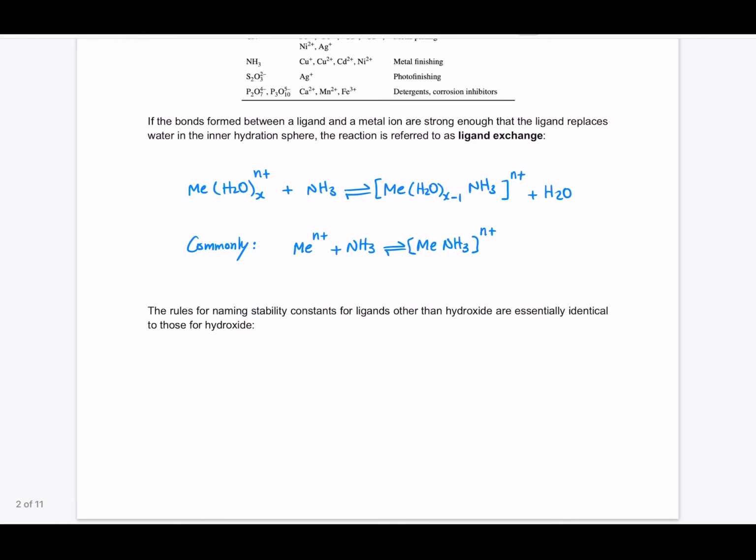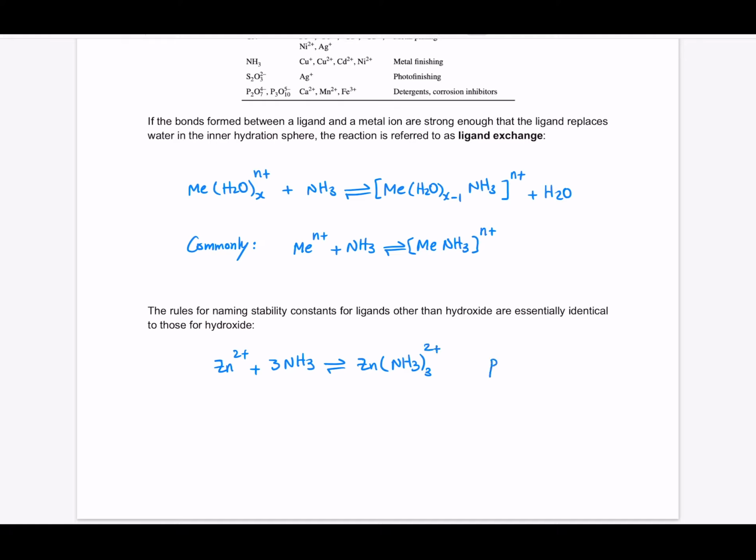The same designations we used for hydroxide, beta, K, everything, also apply to other ligands. For example, if we're dealing with ammonia and zinc, then zinc 2 plus plus 3 ammonia gives zinc ammonia 3, 2 plus.